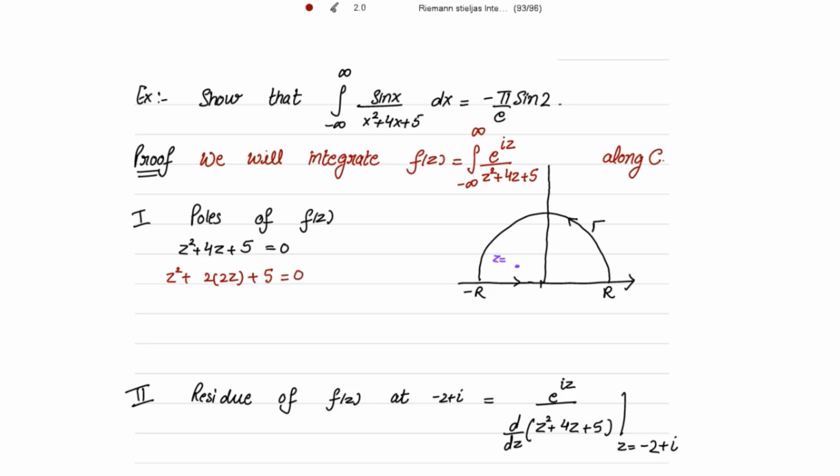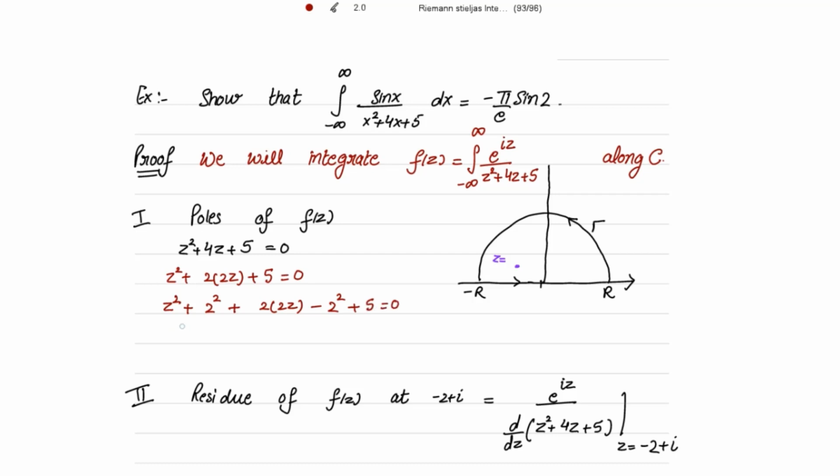Now for making the complete square, this is twice ab, with b as 2, and z squared over here. I need to add 2 squared, and because I'm adding 2 squared, I have to subtract 2 squared also, plus 5 equal to 0.